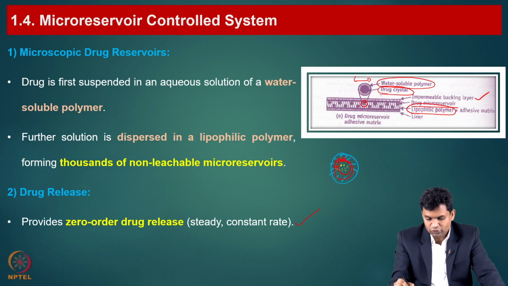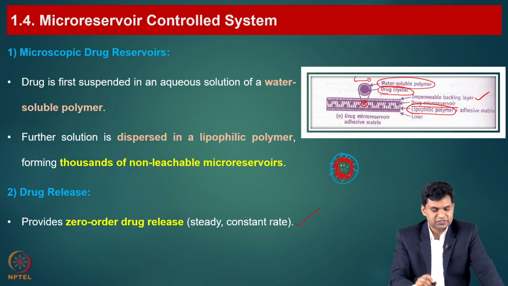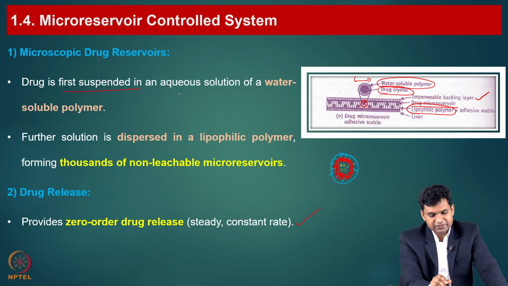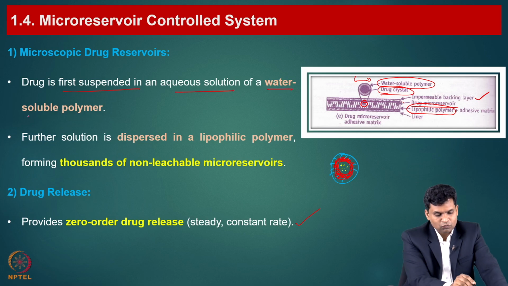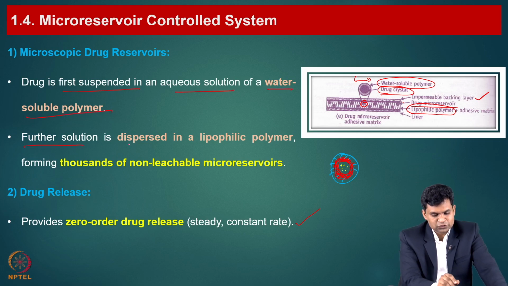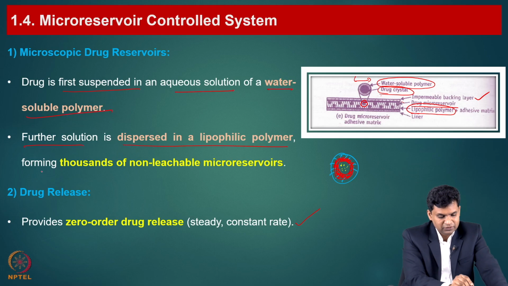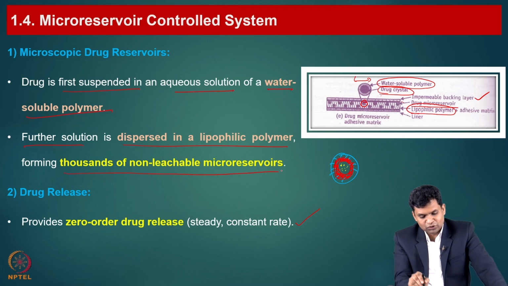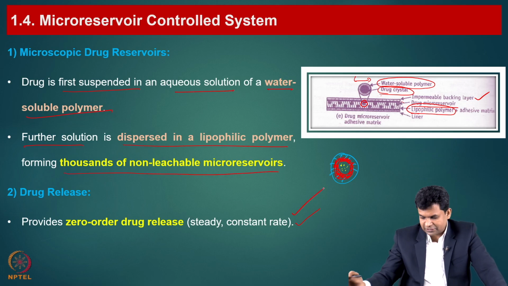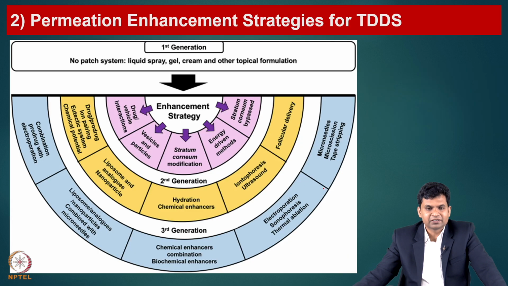With this you will get highly controlled release compared with the reservoir systems. Here you can also read, the drug is first suspended in aqueous solution, that is water soluble polymer, and further the solution is dispersed in lipophilic polymer forming thousands of non-leachable microreservoirs. So, with that we can expect the zero order release.